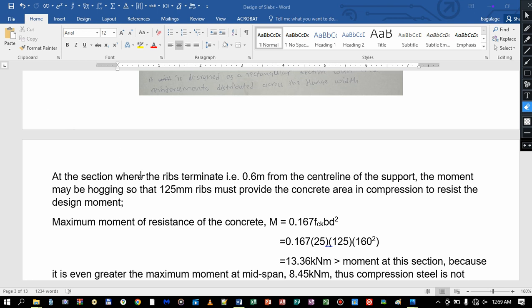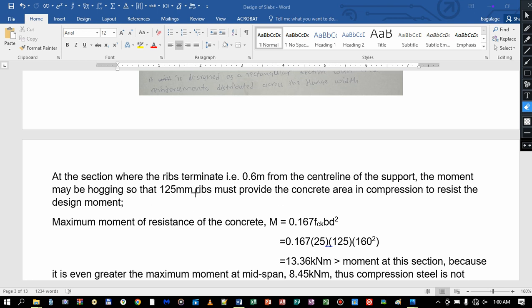Then the other issue is at the section where the ribs terminate, which is 600. We provided that distance to be 600 mm from the center of the support.